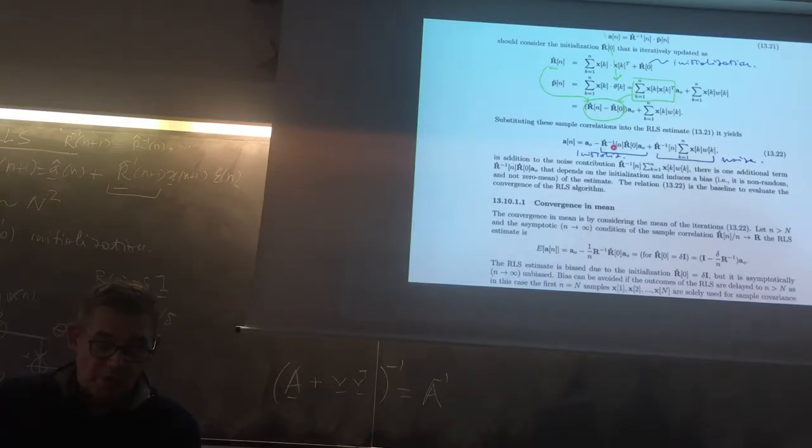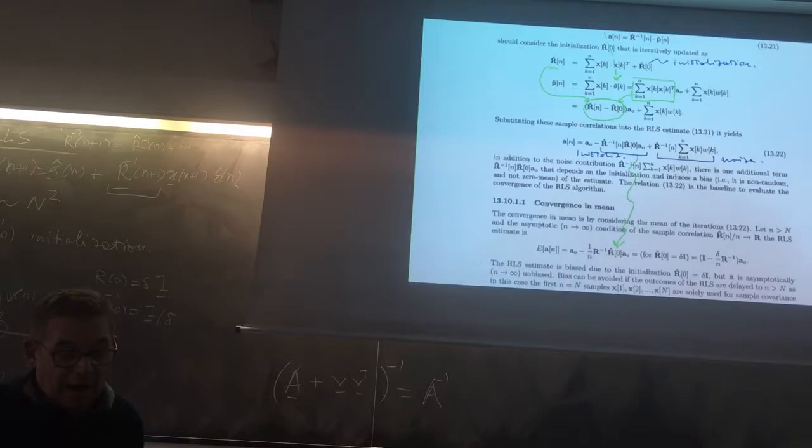This estimate should contain the scaling factor n, because in the way we defined it, this Rn does not contain the scaling factor n. Once we plug in the scaling factor n, we got that. This is the next step.